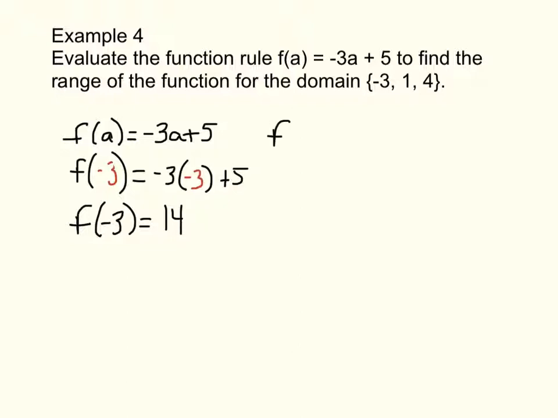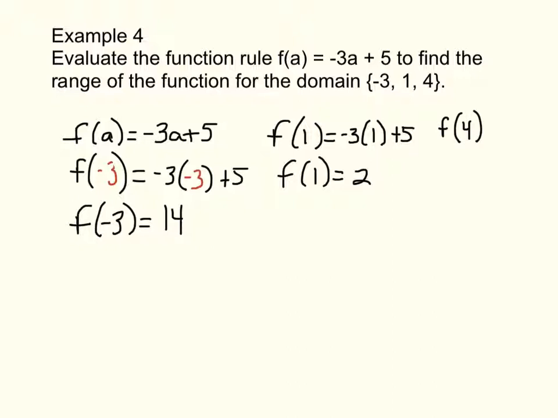If we plugged in f of 1, that gives us negative 3 times 1 plus 5. f of 1 would equal 2. And lastly, f of 4, and I would expect you to show no work on these. You guys are all bright enough that you can just plug it in. 4 times negative 3 is negative 12, plus 5 is negative 7. So f of 4 equals negative 7.